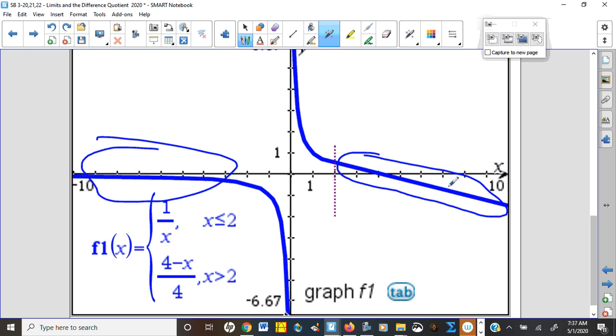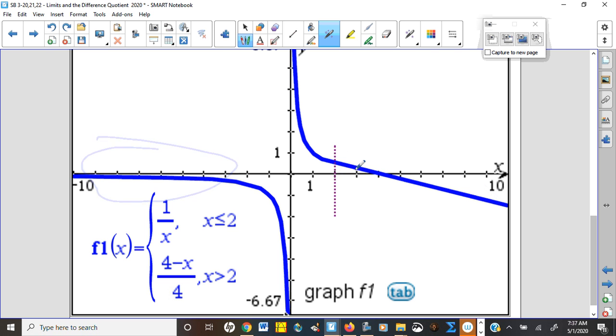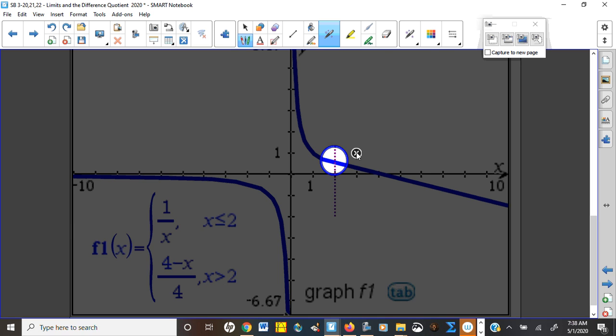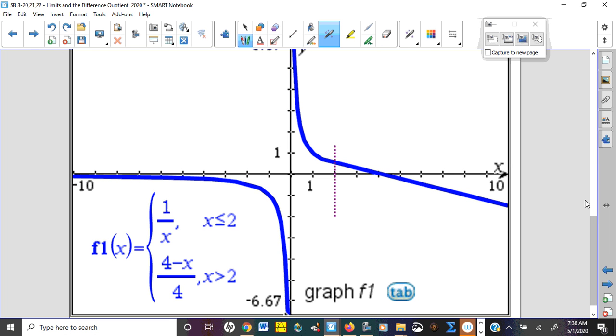So we know that this is a different function, and that's where the negative 1/4 line takes over. But right here, look how smooth that is. That's how you can visually tell that you have differentiability, that your tangent slopes agree, because there's a smoothness to the curve. If I didn't tell you what function this was, you probably wouldn't even know what was going on there.